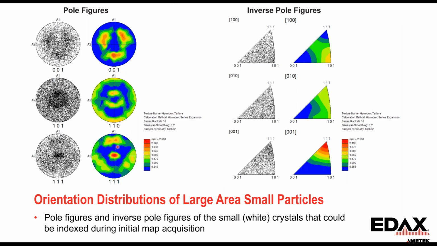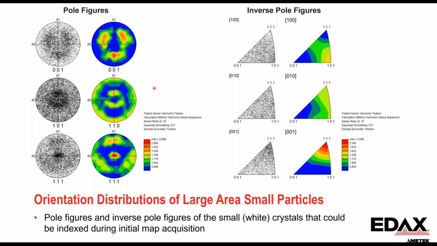You see that there's a 111 orientation oriented with the sample normal direction, with these peaks here in the 001, showing the orientation that's developed in that film. So these are pole figures that show the spatial alignment of these 001, 110, and 111 orientations. And so we can see those for the white crystals.